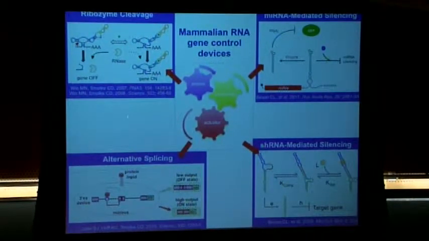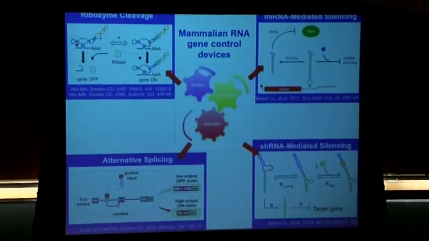As we'll touch upon in my talk, I won't go through all of these examples, but I'll focus on a couple. The reason you want to link into these different types of regulatory mechanisms is that they will be more or less appropriate for particular targets. The RNAi-based systems could be very useful when you're looking to target endogenous genes, so not transgenes that you put into the cell.